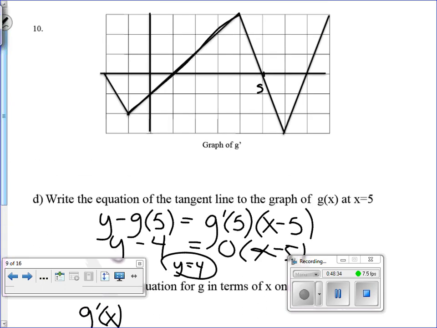So this is the graph of g prime. You notice g prime is linear. To write the equation of a line, there are two ways. You can use y equals mx plus b, or you could use y minus y1 equals m times x minus x1. Now I'll show you both ways in this one.